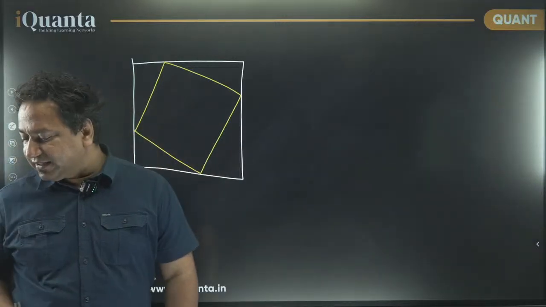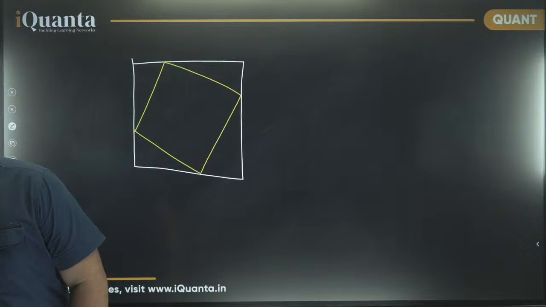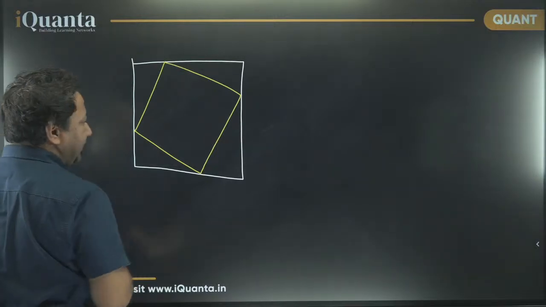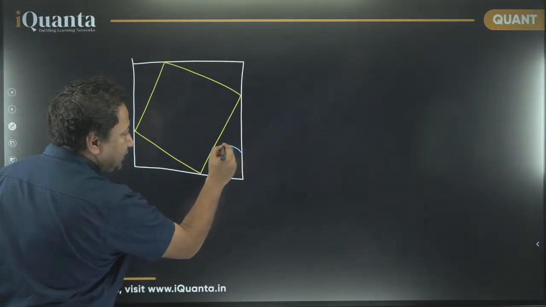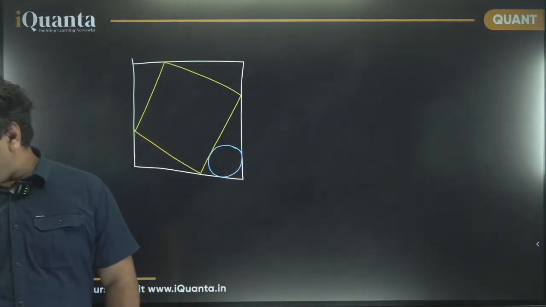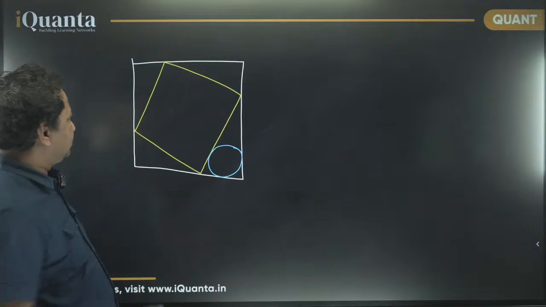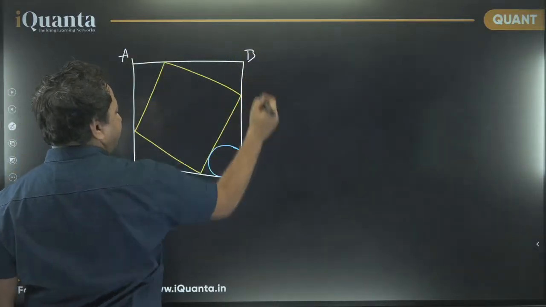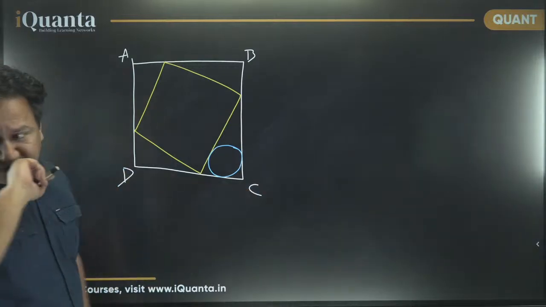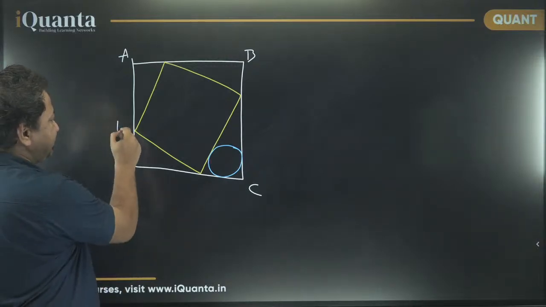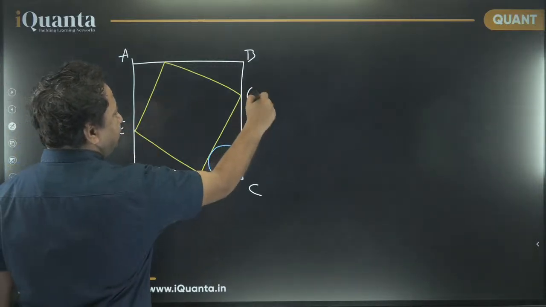I put another square inside it. And then I inscribe a circle of maximum area in this region. Let the square be A, B, C, D. Let this be E, F, G, H.